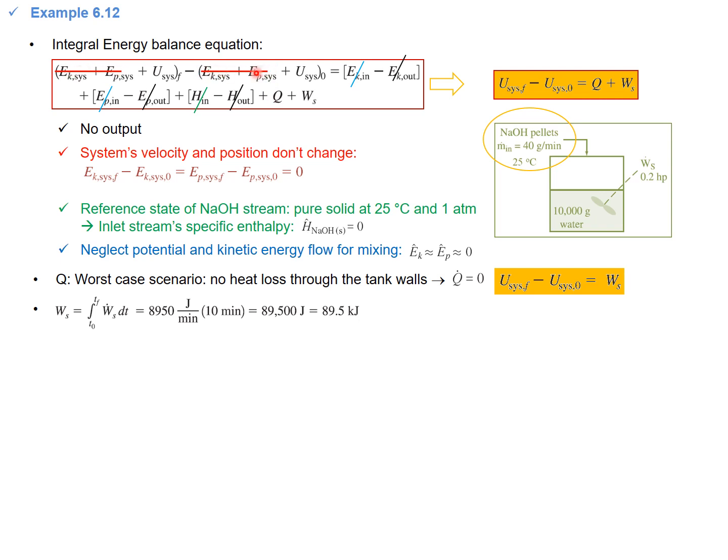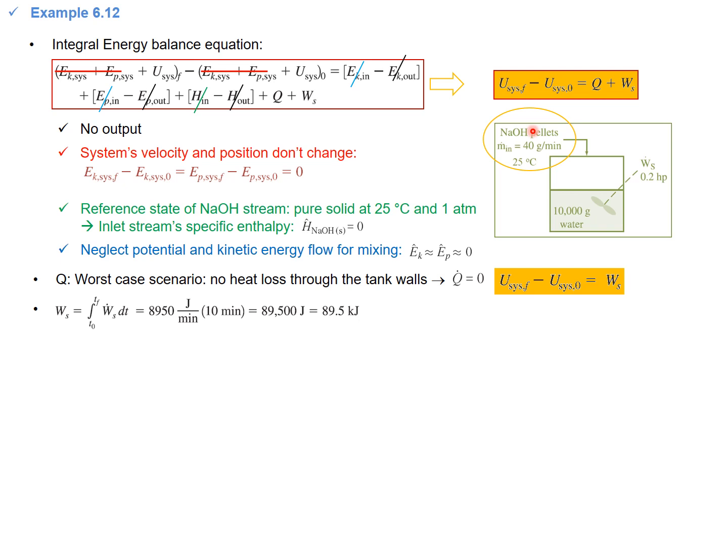Let's go to the green one. Reference state. It's time to fix the reference state. In this case, we have chosen this stream as the reference state because this is the only stream, right? We have no choice. So what is the state?